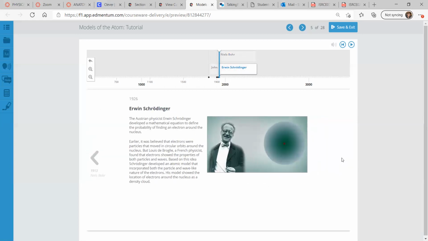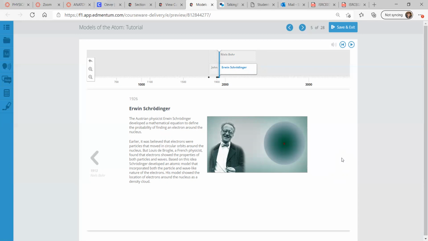And more than 10 years later, we have Erwin Schrodinger. He was an Austrian physicist, and he developed a mathematical equation to define the probability of finding an electron around the nucleus. Earlier, it was believed that electrons were particles that moved in circular orbits around the nucleus.